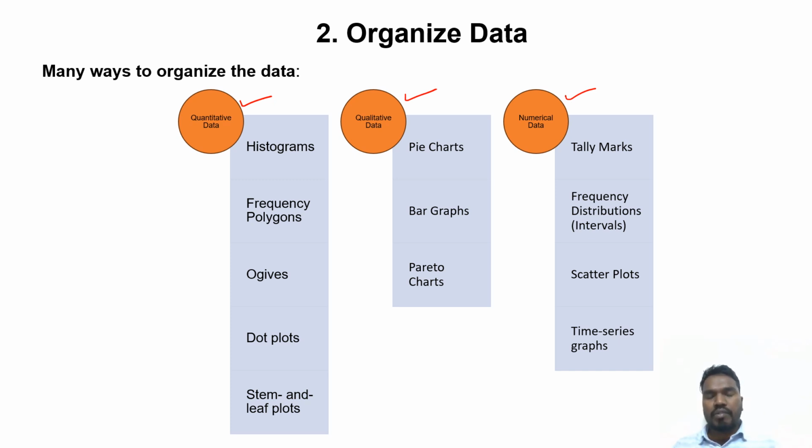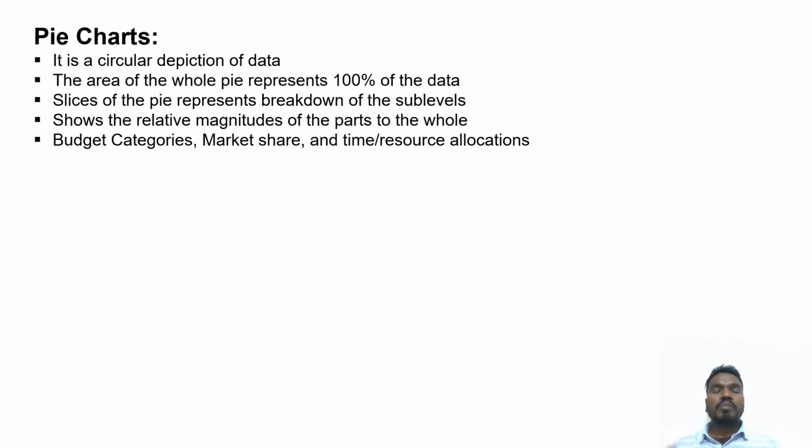That's why I wanted to show it clearly. In this session I'll be focusing more on qualitative data, especially pie charts. First, let us know how to represent the qualitative data. Then I'll move to quantitative, then we'll move to numerical data. Clear? So what are pie charts?